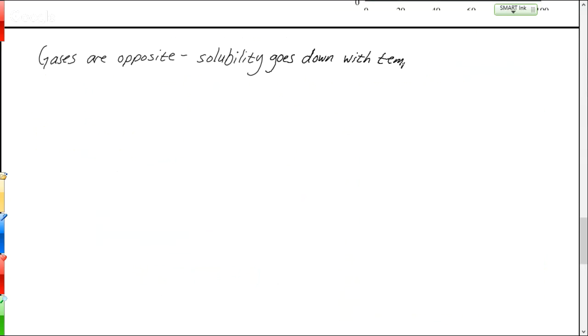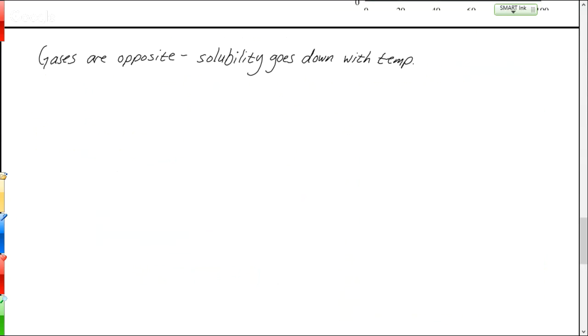The opposite is true with gases. With gases, the solubility goes down with temperature.